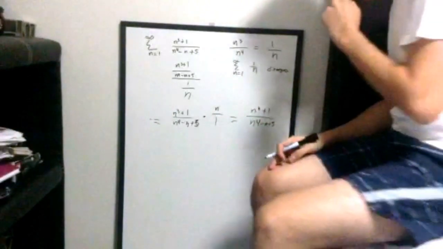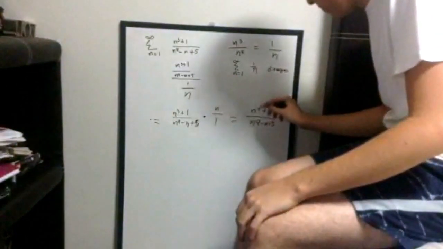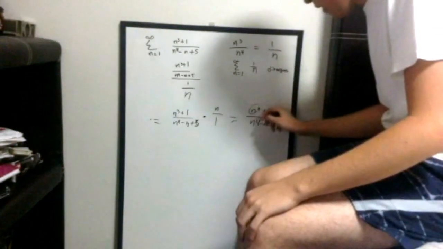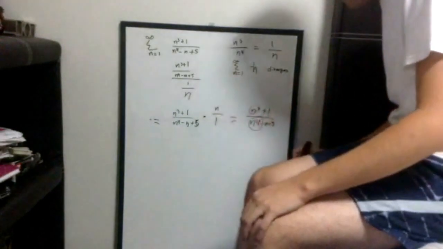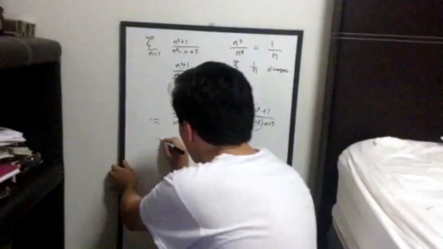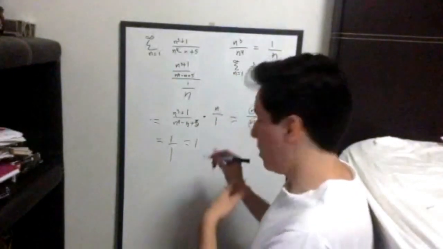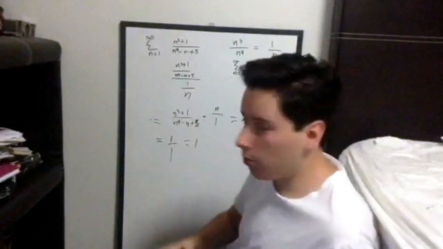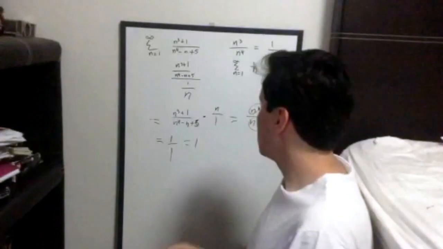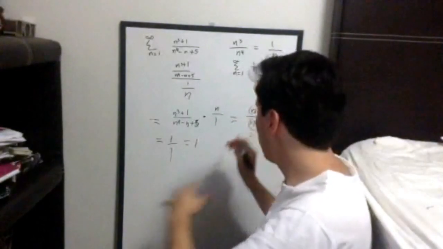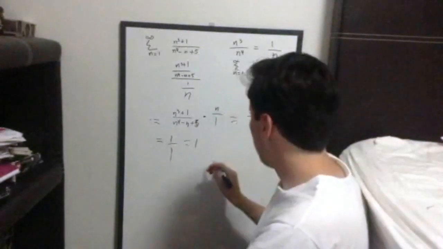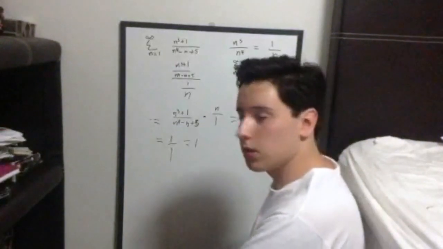So once again we apply this: since they have the same power in the numerator and the denominator, this limit will be, in fact, once again 1 over 1, which is 1. So since this one is bigger than 0 but less than infinity, it means that both series diverge. So both series diverge, and that proves this test.